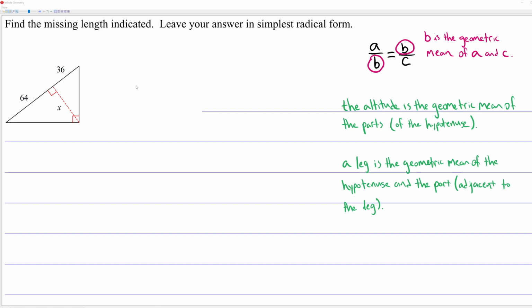So, if you look at the problem we're going to do, look at the triangle over here to the left. We have a right triangle and we have an altitude drawn. An altitude connects a vertex to the opposite side, making a right angle.